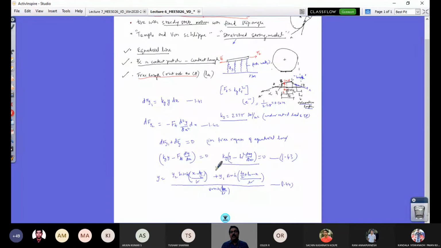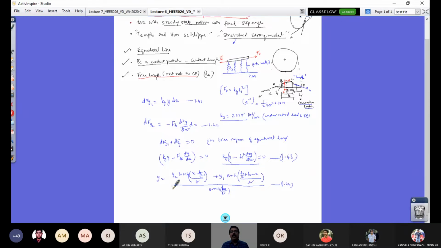If I put x equal to LT by 2 plus LH, where LH is the free length, that is going to be till this point C, or it is minus LT by 2. If I substitute that here, this term goes off to 0 and I get y2. So that is how you can easily remember the solution.